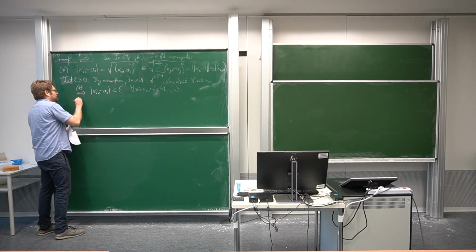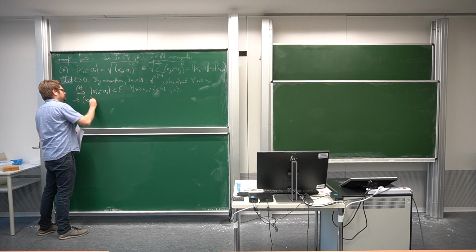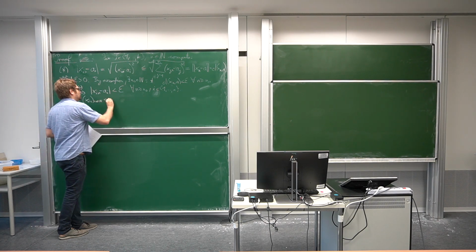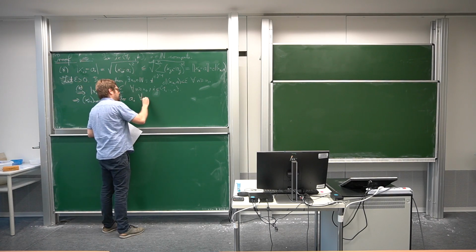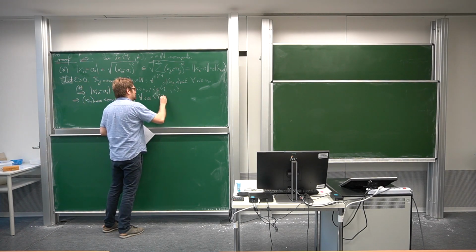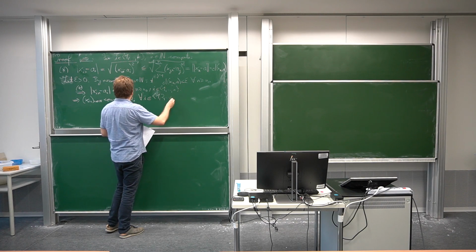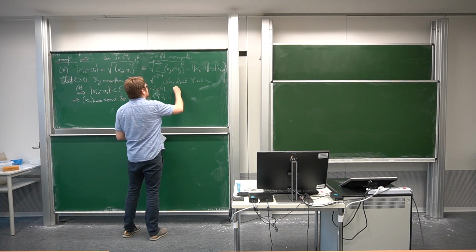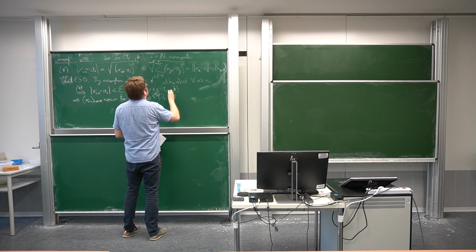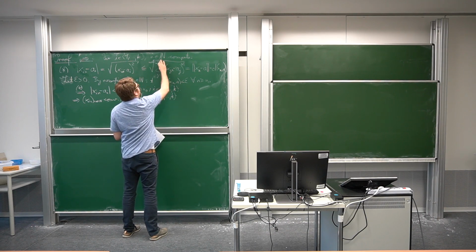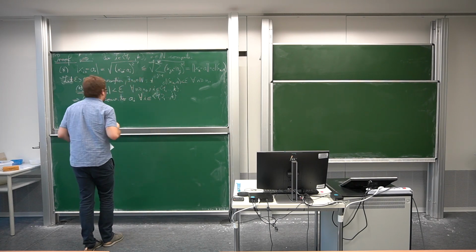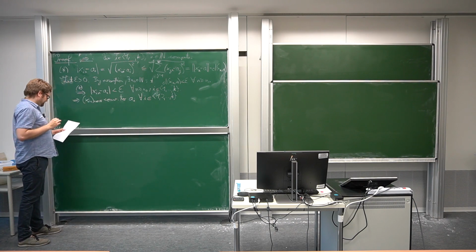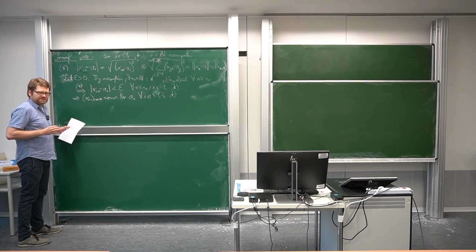So here it directly follows that (x_i^n), n in N, converges to a_i for all i between 1 and k. Sorry, I mixed up n and k here several times. So this converges, and this shows that part.